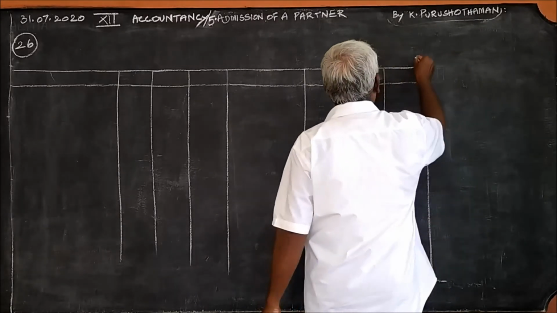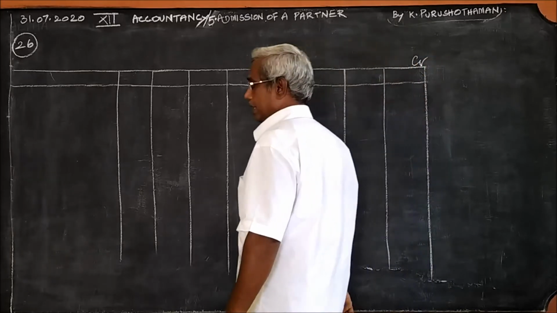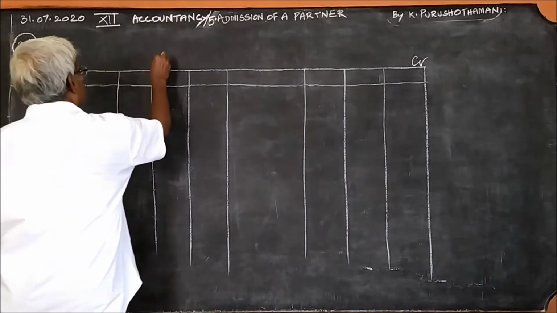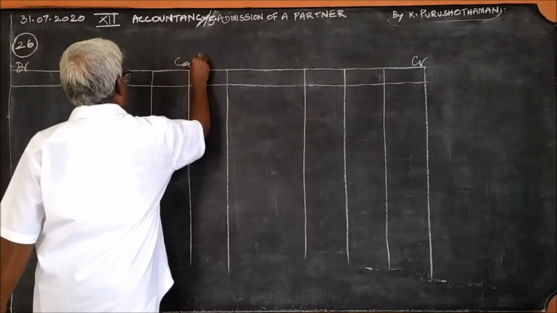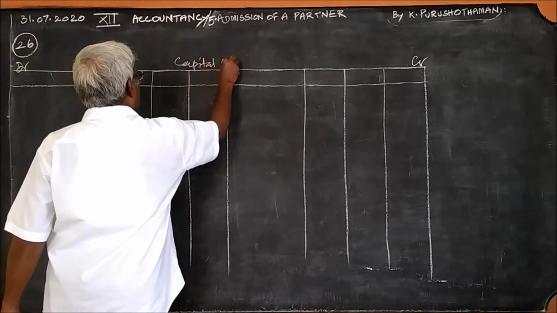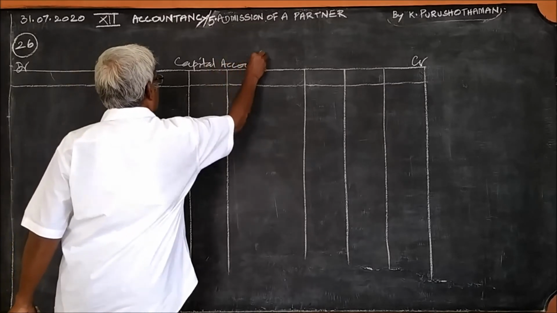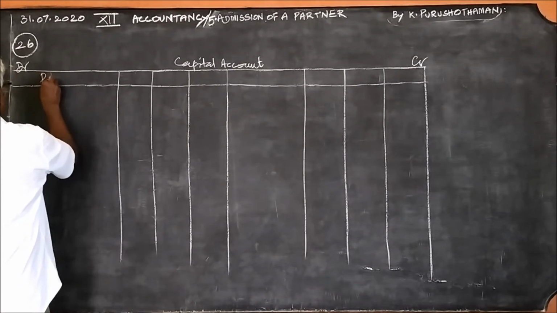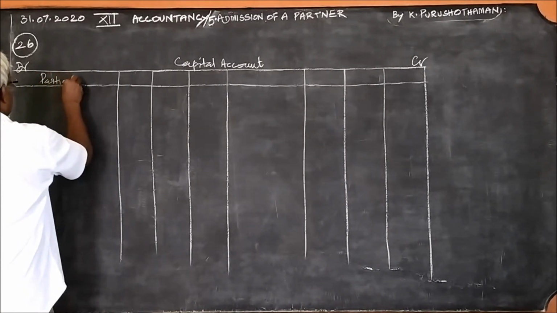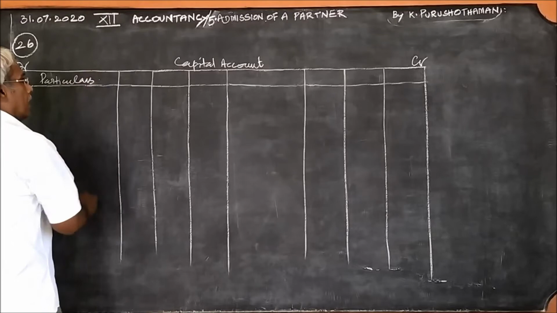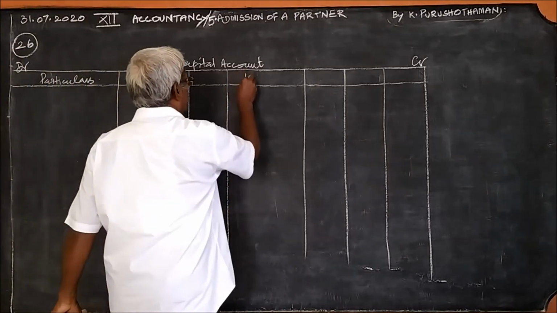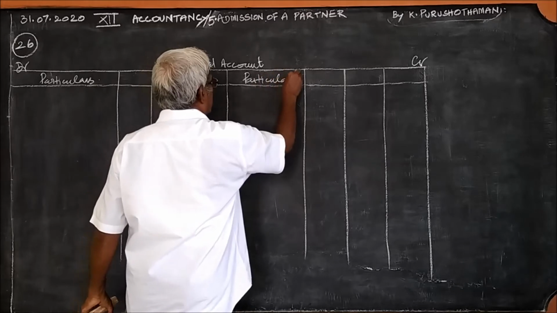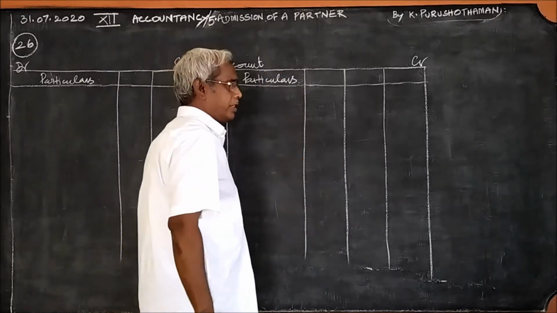This is also an account, therefore debtor, creditor. This is the capital account. Particulars, and the three partners here also. Particulars and the names of the three partners.